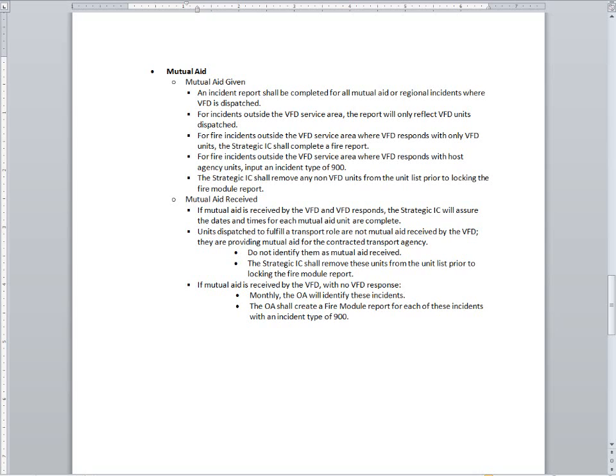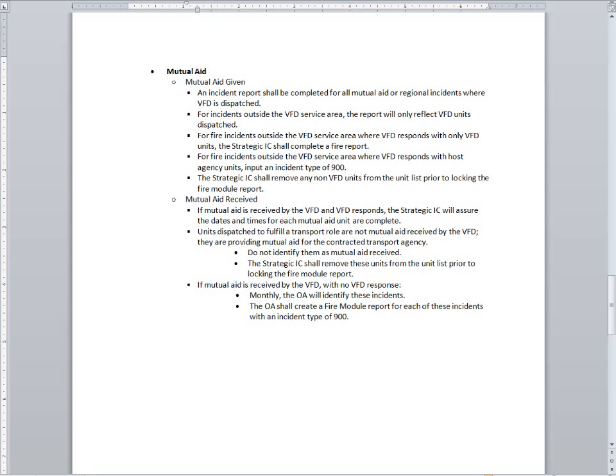Mutual aid received, this is where we're receiving mutual aid from another department. If mutual aid is received by the VFD and the VFD responds, the strategic IC will assure the dates and times for each mutual aid unit are complete. This is important because we have a standard of cover that addresses the time standards that we have to achieve, and we're required to report annually for all of those calls the service level that is provided by the system.